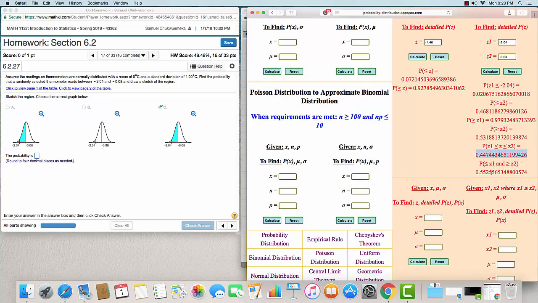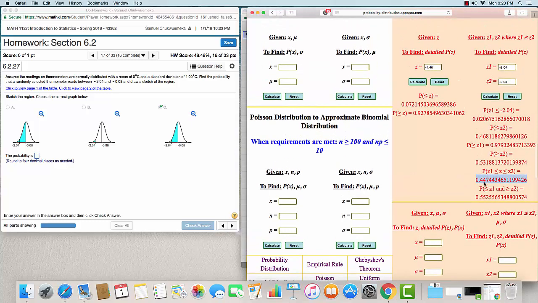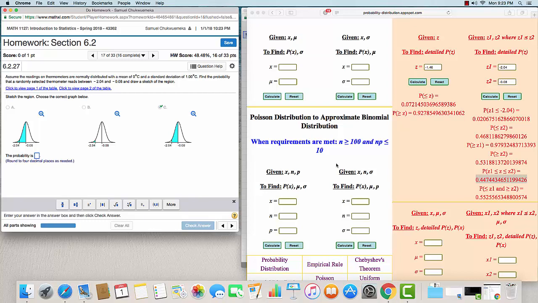Now, for this one, some textbooks ask you "away from." Away from means less than the first one and greater than the second one. That is some textbooks anyway. But I put detailed ones. This is the answer they need here, between. Okay. If you are taking this in traditional classes, some professors are particular about the way you write these.